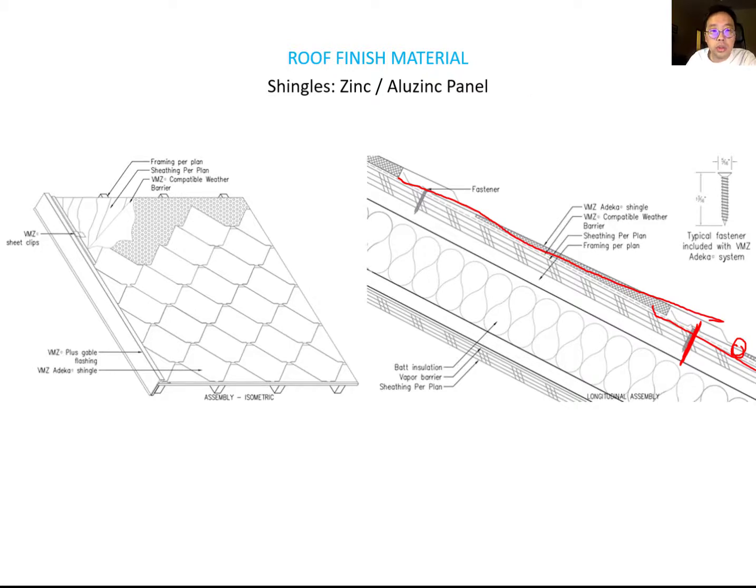Without this, if you have a separation, water can very easily come in, and the nail hole is exposed. So that's why you make out the nail hole here to hold this shingle, and then another shingle has to overlap and protect this nail hole location.